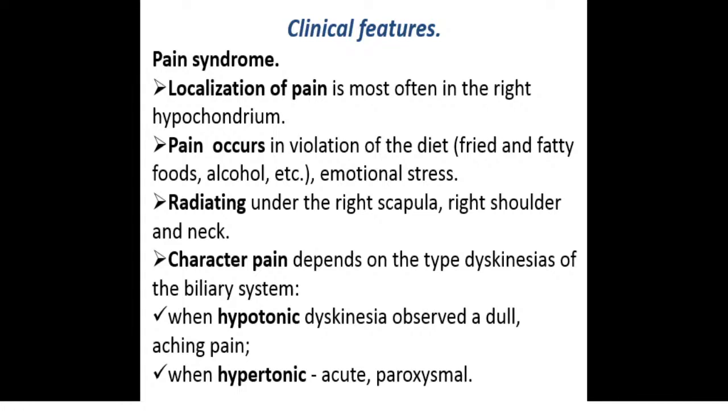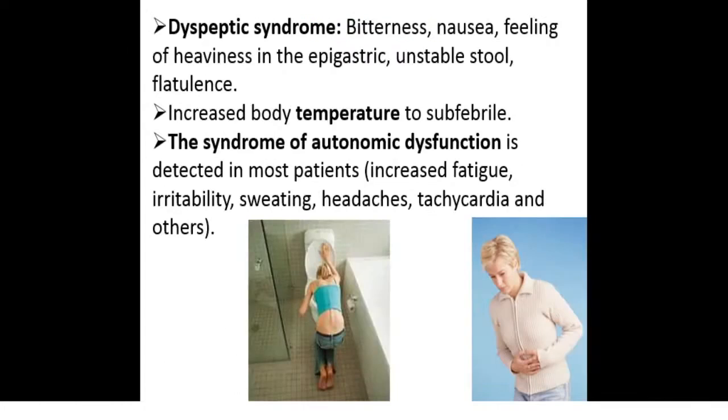The character of pain depends on the type of dyskinesia of the biliary system. When the patient has hypotonic dyskinesia, a dull aching pain is observed. If the patient has hypertonic dyskinesia, usually acute and paroxysmal pain.